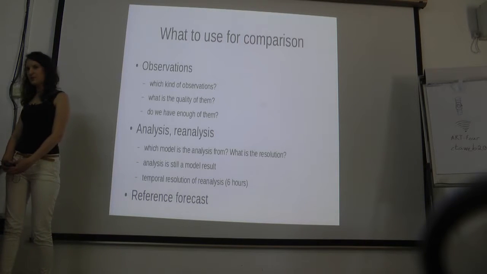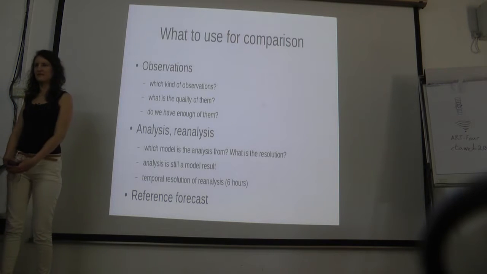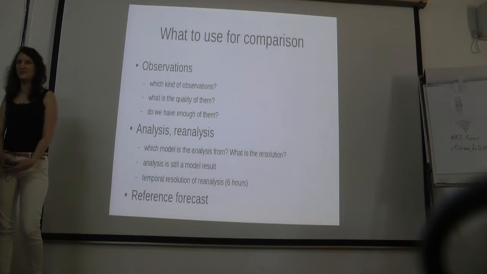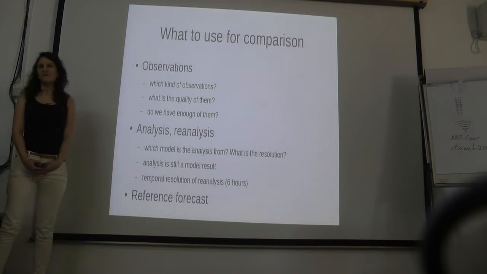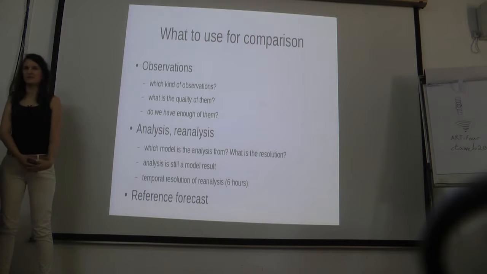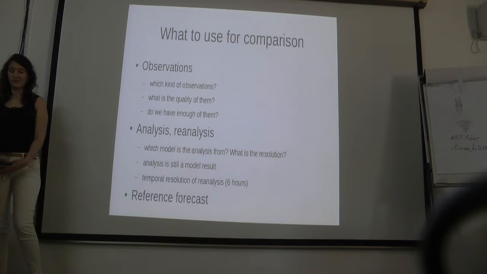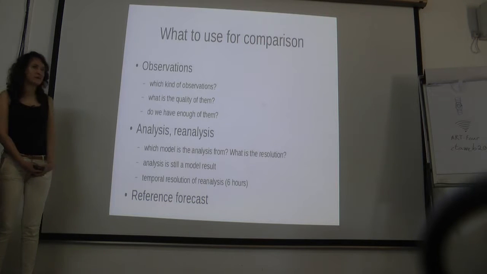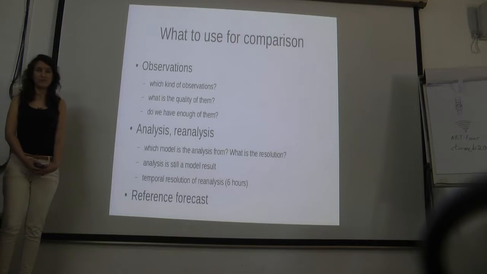Are we sure about the quality? Are we certain about it? Do we know that our measurement devices work okay? And do we have enough of the observation? Do we have a continuous time series of the observations, or do we have some breaks, or do we have the observations for the same time that we have done our forecasts?